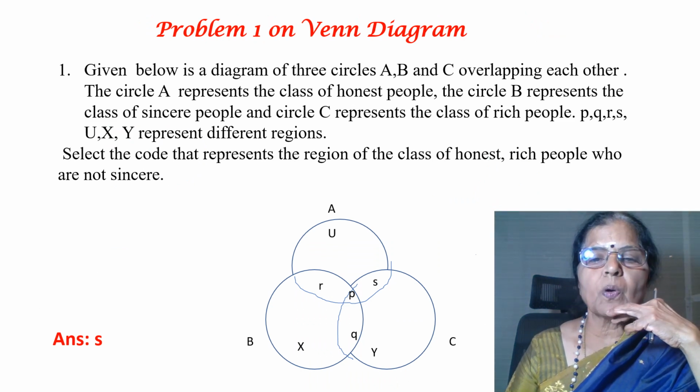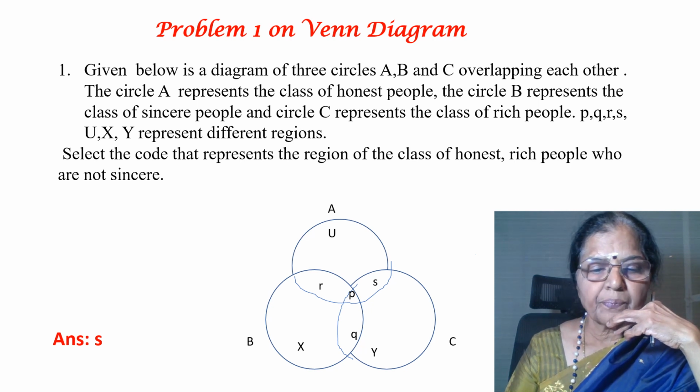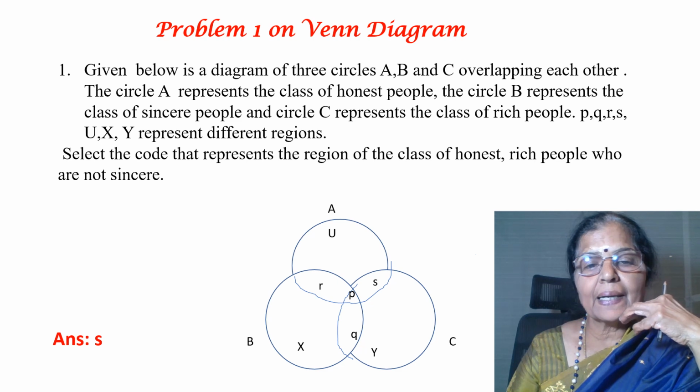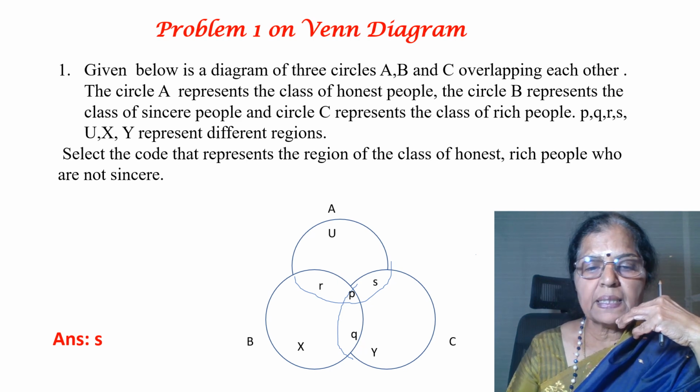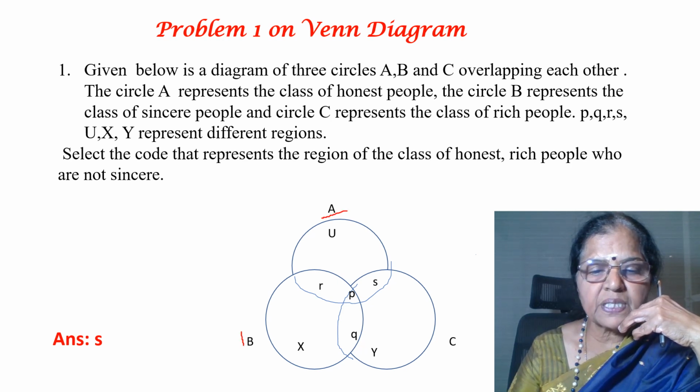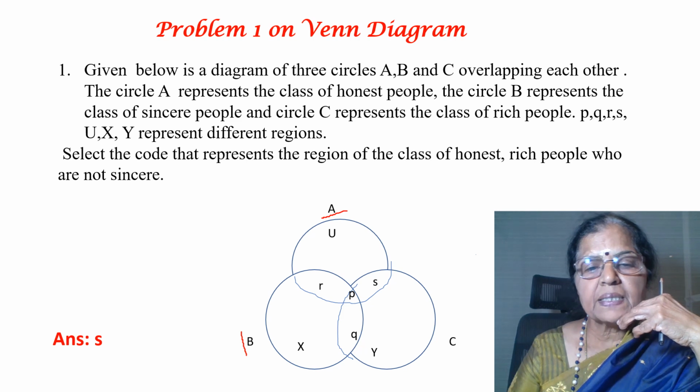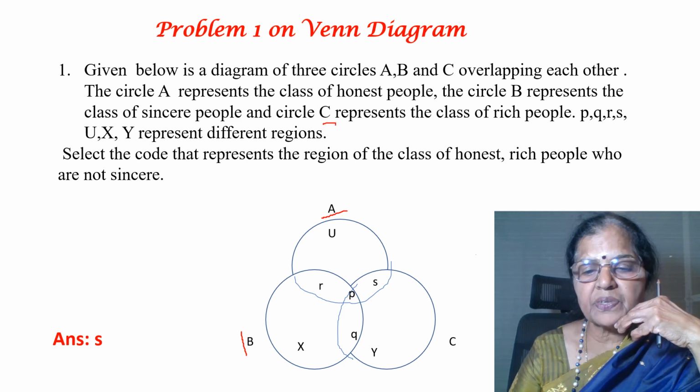Look at the first problem, which says that given below is a diagram of three circles A, B, C overlapping each other. Circle A represents the class of honest people and B represents the class of sincere people, and the circle C represents a class of rich people.